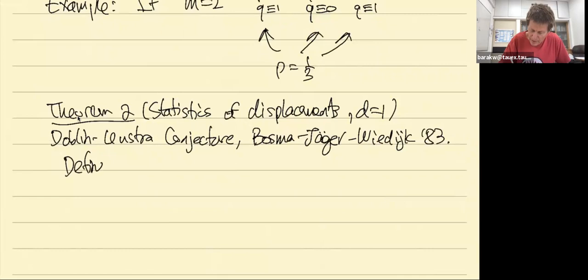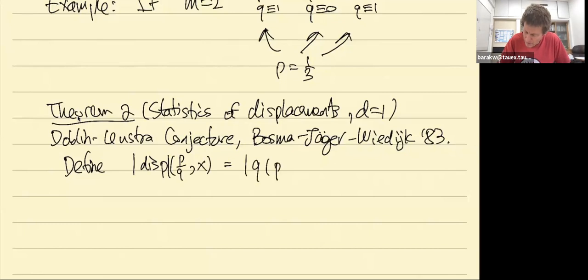So to define the displacement, we'll see the reason for the strange choice of notation in the lecture. The absolute value of the displacement of a pair is defined to be the absolute value of q times (p over q minus x).